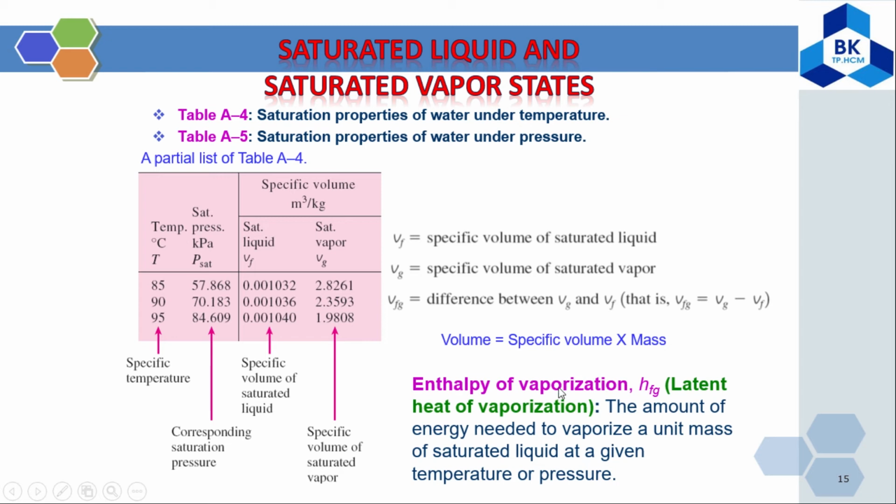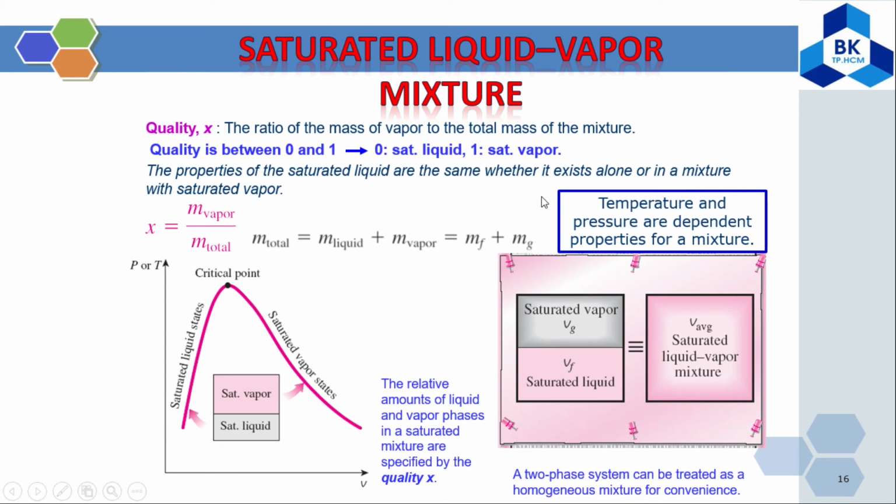The enthalpy of evaporation, we call the latent heat of evaporation, as I just showed you. The latent heat of evaporation is the amount of energy needed to vaporize a unit mass of saturated liquid at a given temperature or pressure. In a saturated liquid-vapor mixture, the quality X is the ratio of the mass of the vapor to the total mass of the mixture.